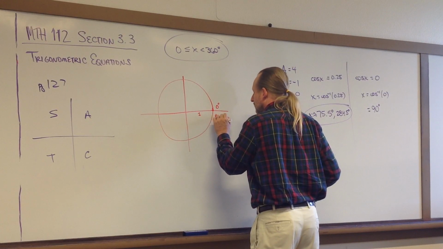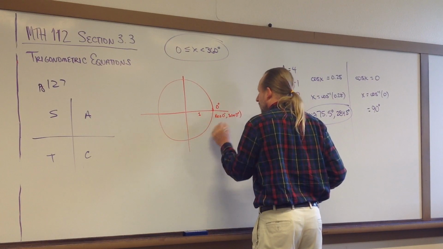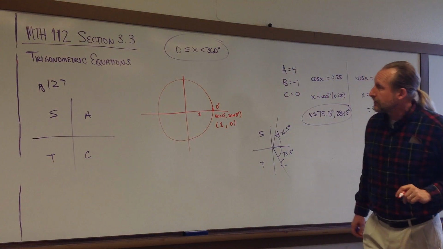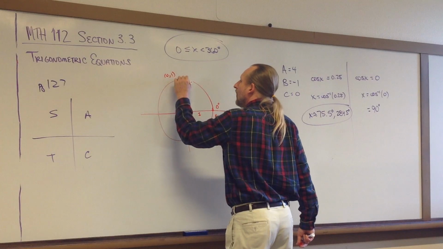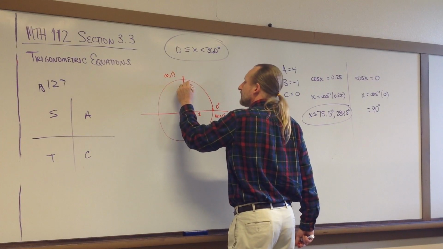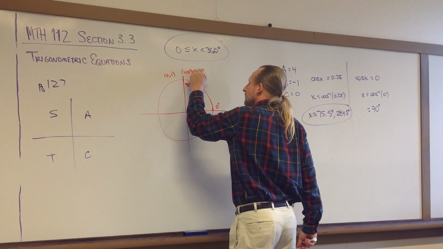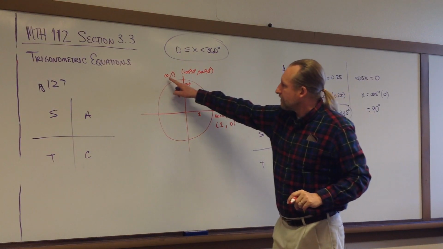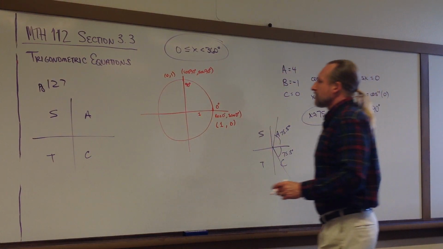So the cosine of 0 and the sine of 0 should match up with this point, which has the coordinates 1, 0. This point up here is the point 0, 1. This is 90 degrees, and so this matches up with the cosine of 90 and the sine of 90. And so there's the cosine of 90 being 0, and that's what we got from the calculator here.